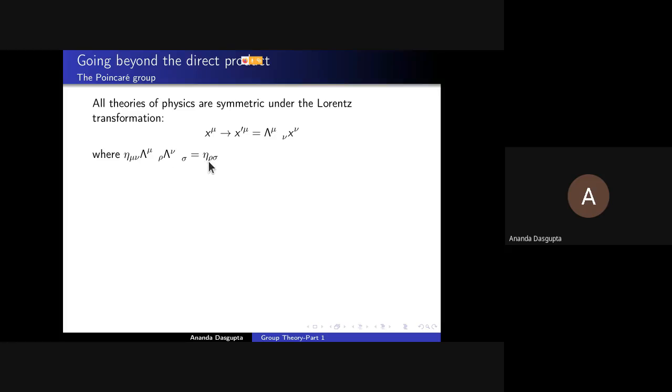And this really just says, where eta mu nu is +1, -1, -1, -1 along the diagonal, that this is a transformation under which x0 squared minus x1 squared minus x2 squared minus x3 squared is going to be invariant. So these are called Lorentz transformations. These are obvious symmetries. So if you don't even know much about Lorentz transformations, just think of them as some matrix lambda acting on a column vector x. That's all that you need right now.